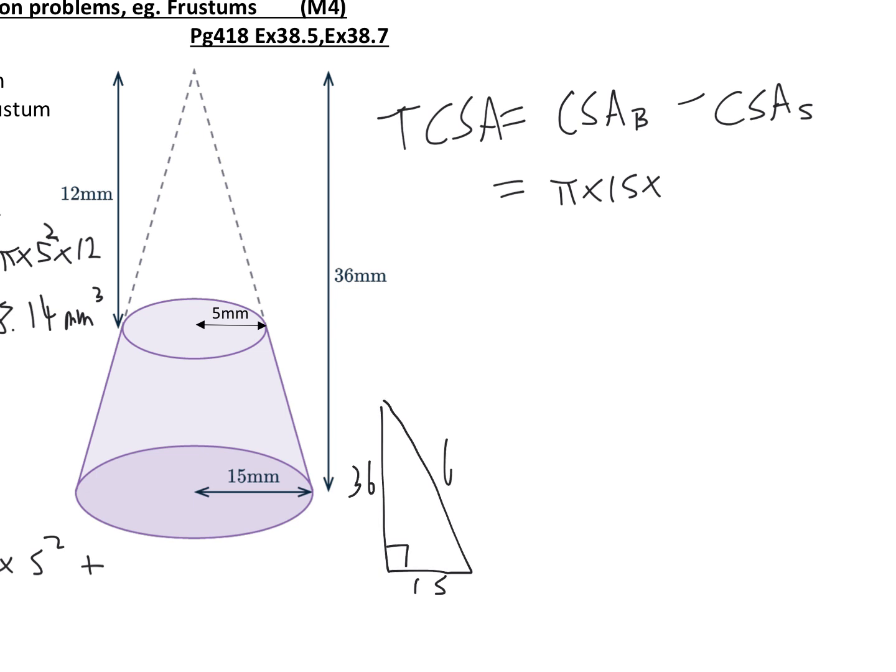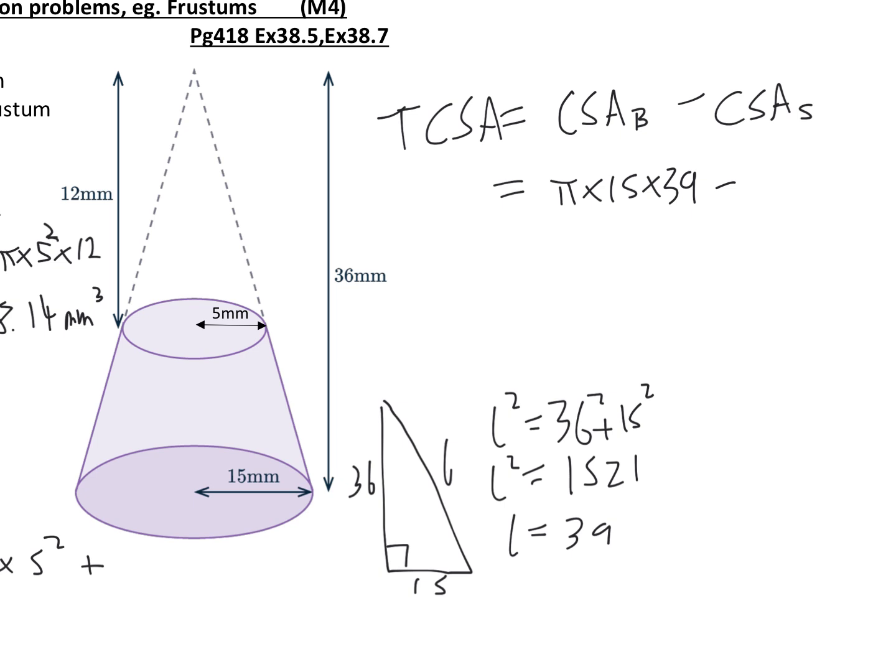I want to work out the slant height, L. It's the hypotenuse, so I can say that L squared is 36 squared plus 15 squared, which is 1,521. So L is the square root of that, which is 39. So the slant height's 39, so we can put 39 in there.